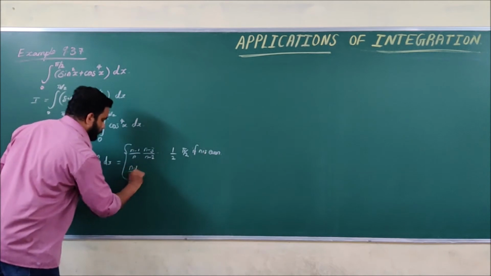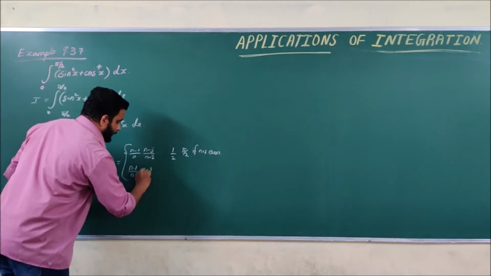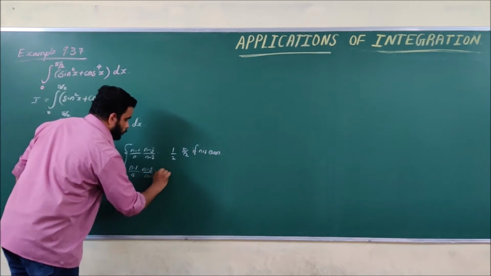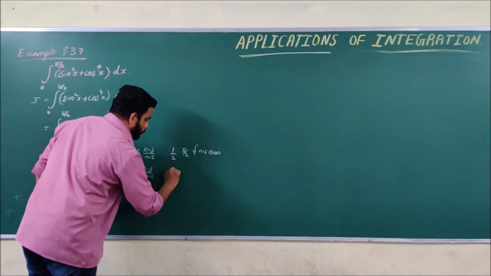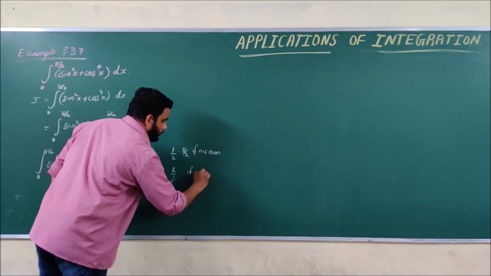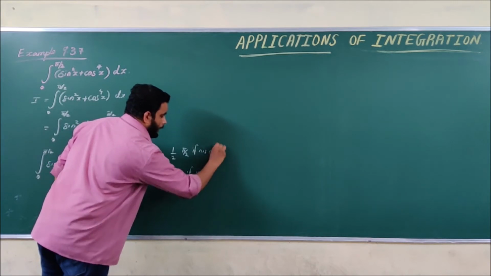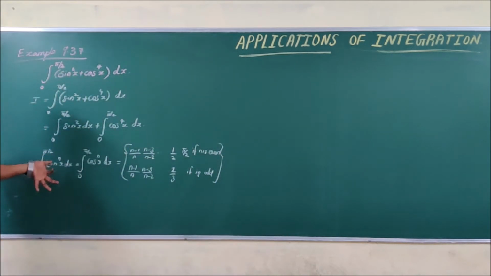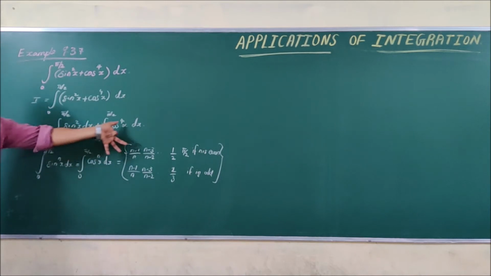Otherwise, (n minus 1)/n times (n minus 3)/(n minus 2) going to 2/3 if n is odd.